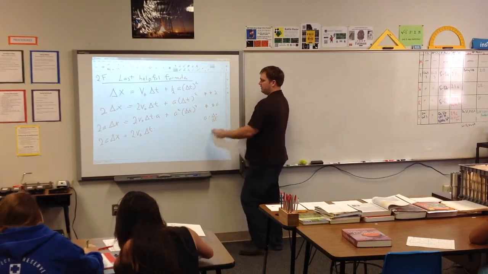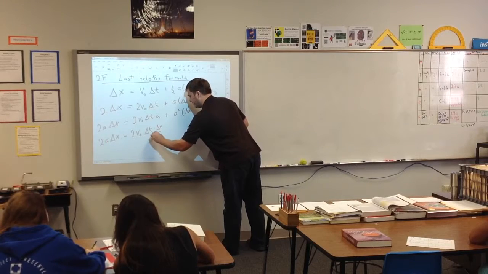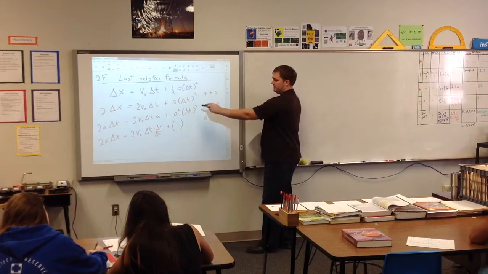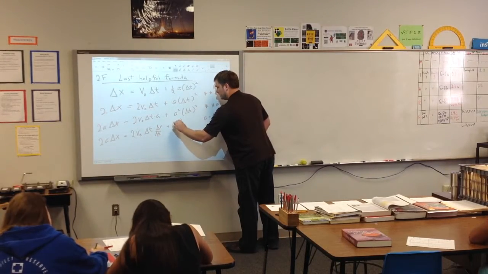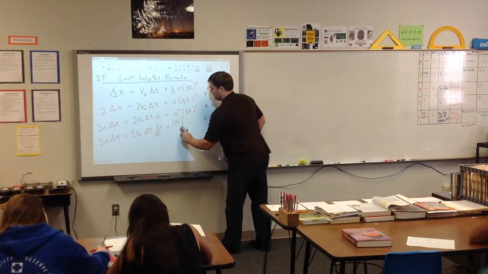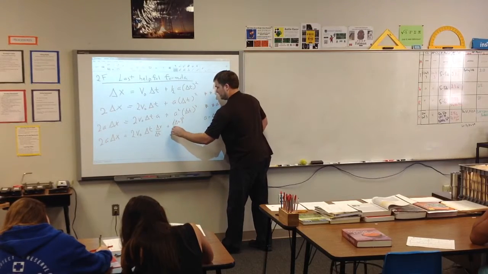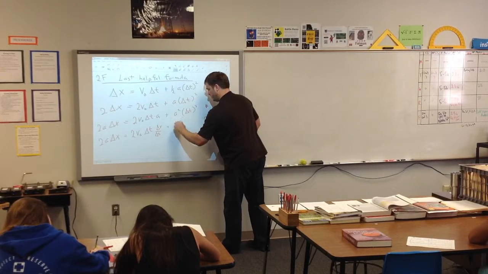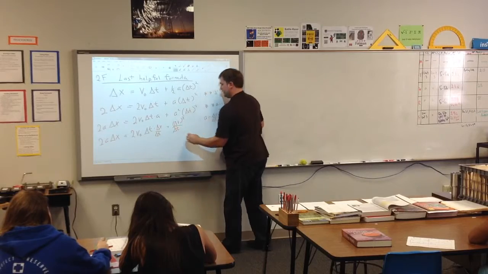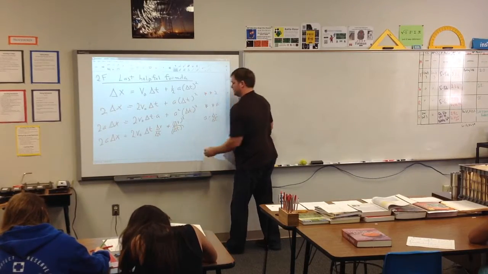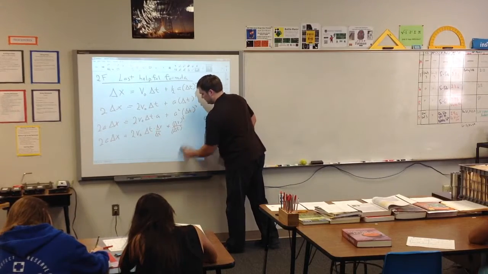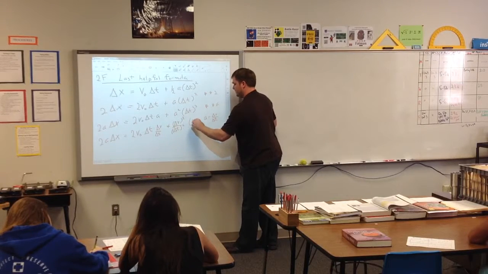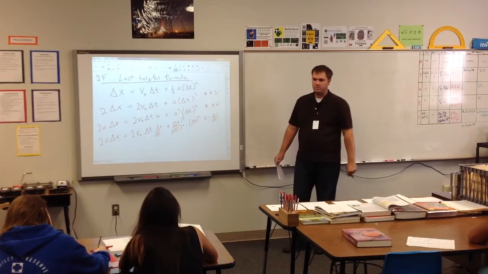I'm going to replace the a with delta v over delta t plus, and I'm going to replace that a squared with delta v squared over delta t squared, and that's for the a, and then we still have the times delta t squared. You kind of see maybe why we did that.